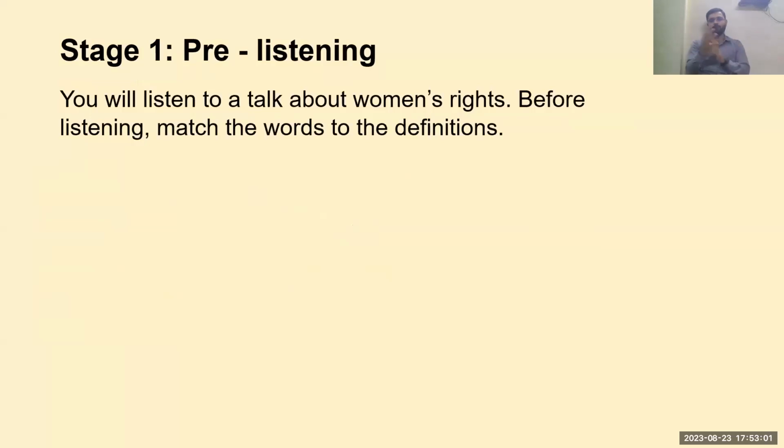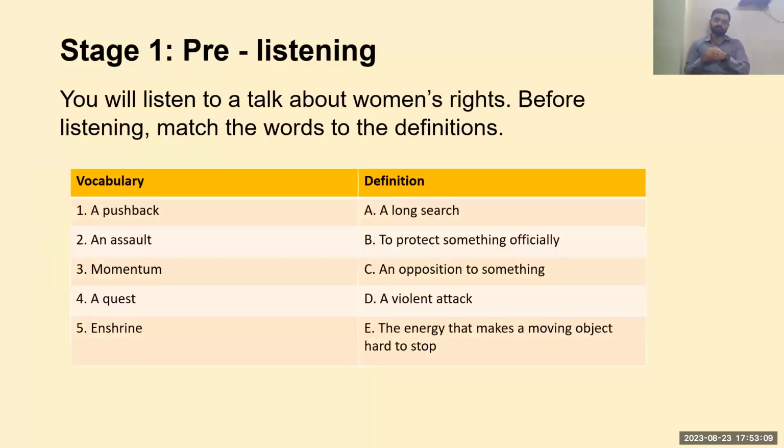So before listening, I want you to match some words to the definitions. These are words which will be coming up in the talk. So we have a pushback, an assault, momentum, a quest, enshrine, a long search, to protect something officially. These are the definitions, by the way.